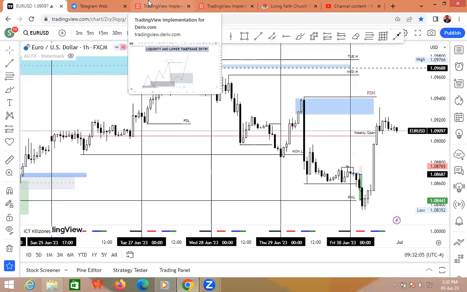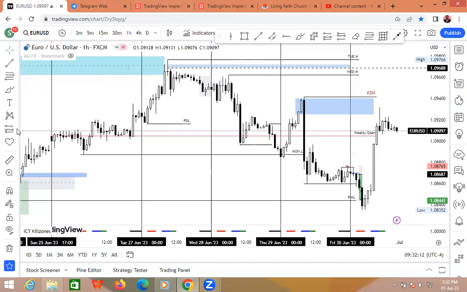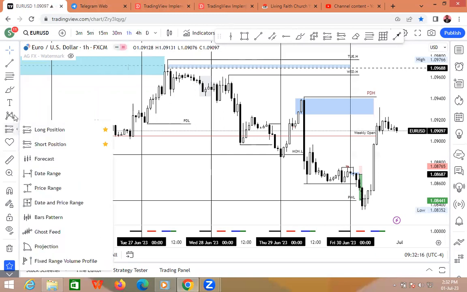So let me start from the GAN tool. Just come to this left side. I guess you can see my screen, right?